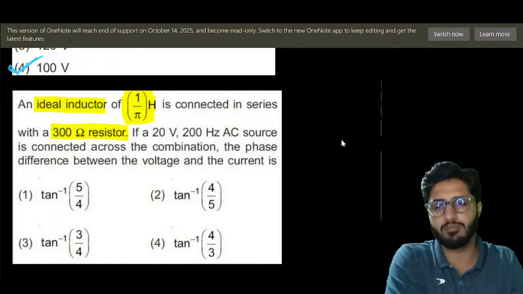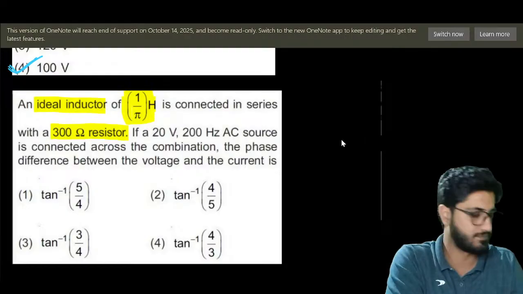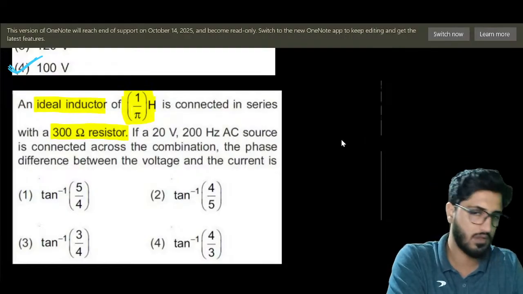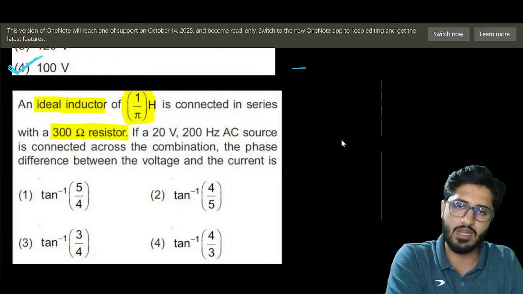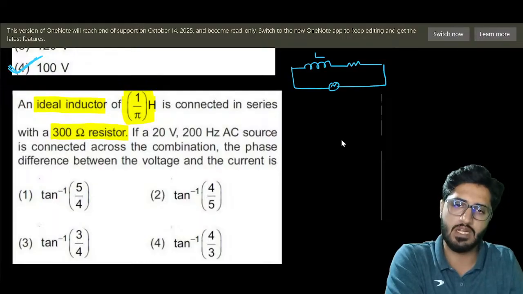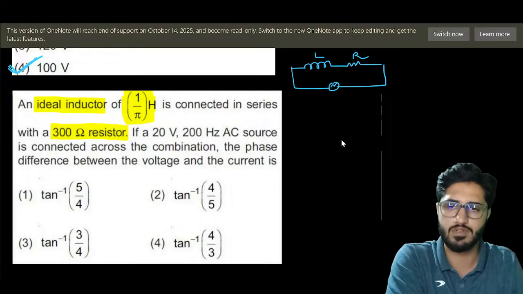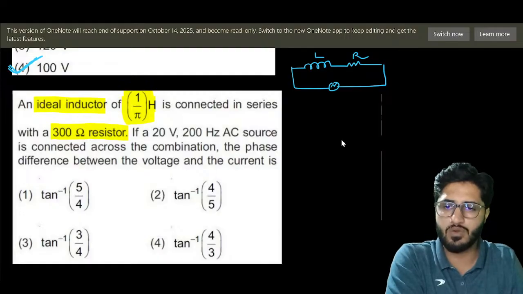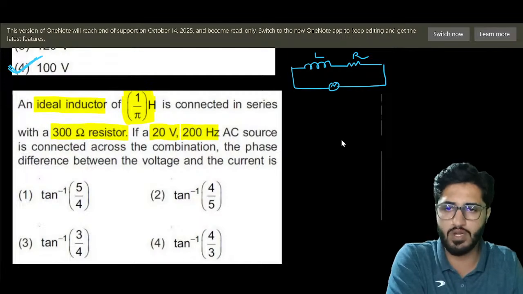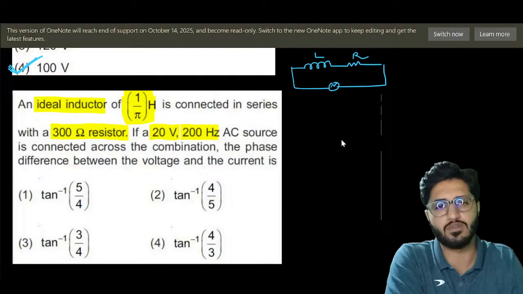So we have the inductor, then the resistor, at 20 volt 200 hertz AC source. We have to find the phase difference or tan phi.